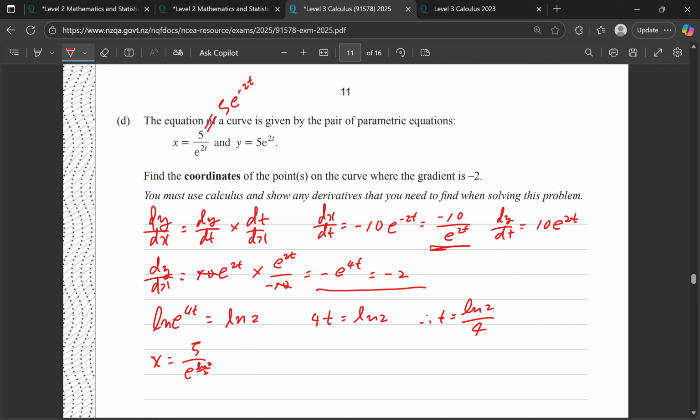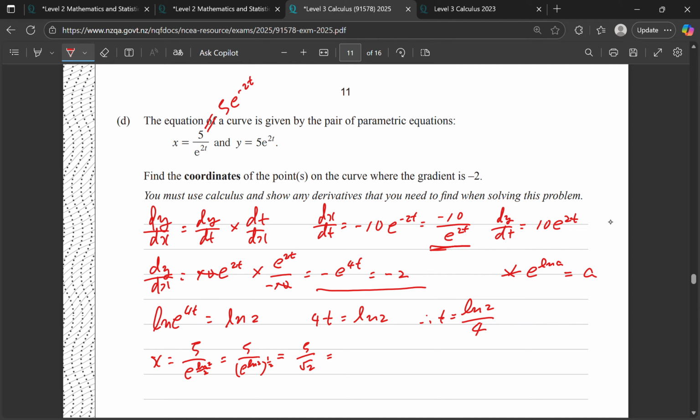I'm going to rewrite this as 5 over e to the power of ln 2, to the power of half, because e to the power of ln of whatever, say a, becomes a, right? So in this case, e to the power of ln 2 is just 2, so it turns out 2 to the power of half.